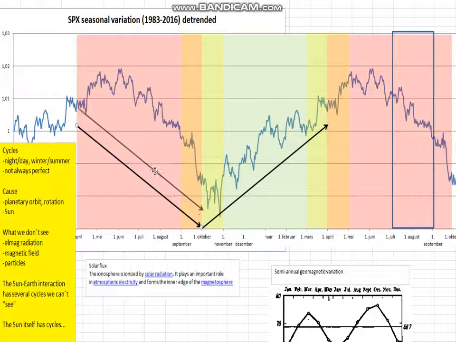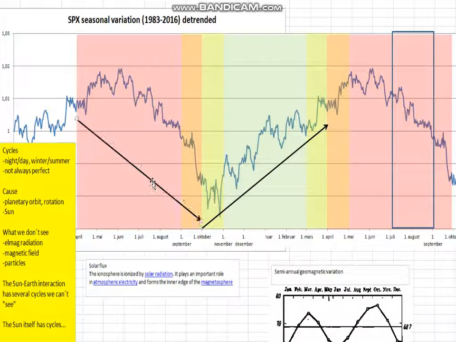So in this period from April to October, we are farthest away from the sun and we have low radiation density, so that's a bearish period. And in the late fall and winter, we are close to the sun, we have higher radiation density, and it's a bullish period.